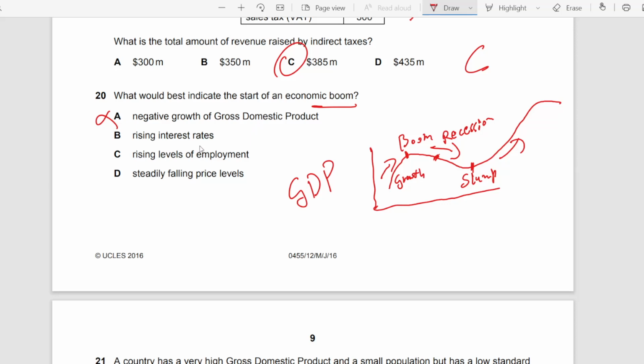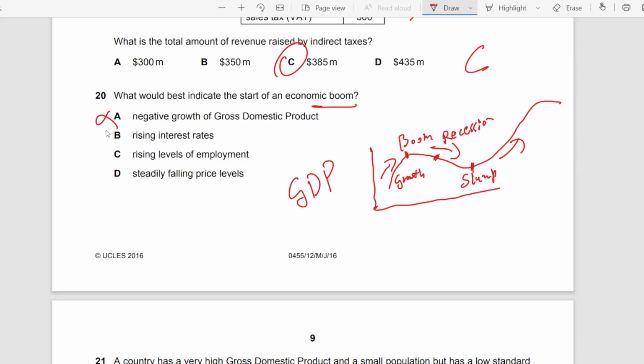Rising interest rates means your interest rates will rise as part of the government policy. The government might raise the interest rates in order to restrict or limit the spending because of high inflation rates, or they might have their own reason to have a policy of rising interest rates.